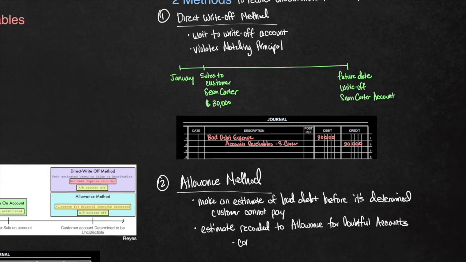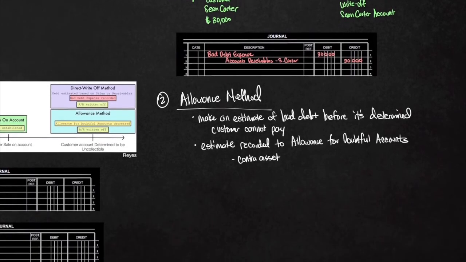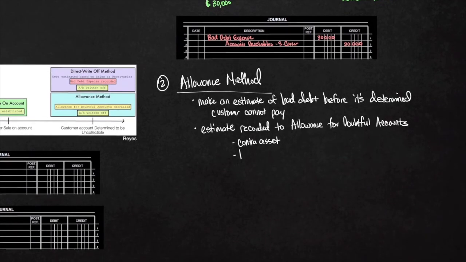The allowance for doubtful accounts is a contra asset, meaning its normal balance is a credit, because accounts that are considered assets normally have debit balances, but allowance for doubtful accounts carries a credit normal balance. It's listed right below accounts receivable as a negative number on the balance sheet.